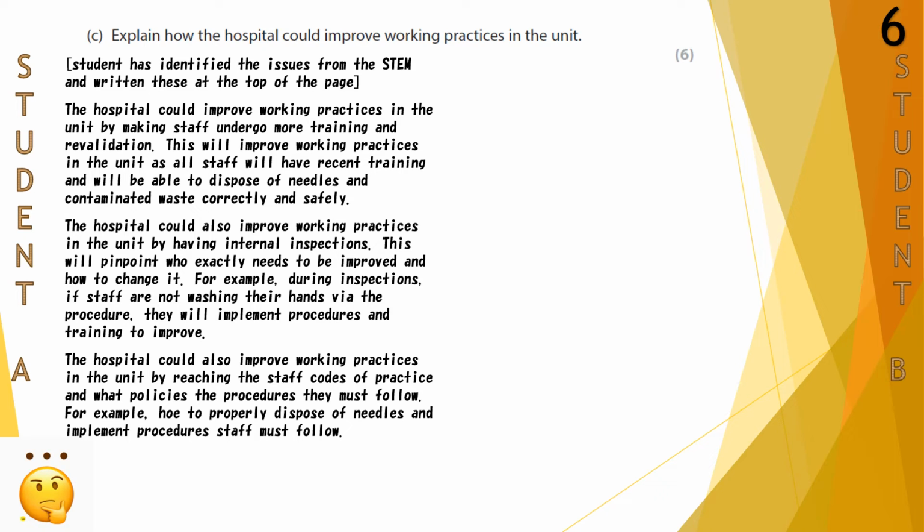They mention hand washing, and the hospital could also improve working practices at a unit by teaching. I think they're reaching, but they should be teaching staff codes of practice and policies and procedures they must follow. For example, how to properly dispose of needles and implement procedures for staff. Now, again, I did type this word for word, so this is what the student put.